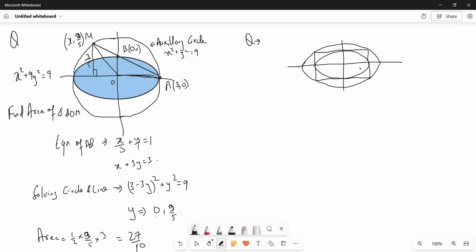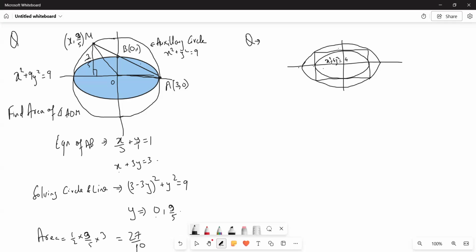Okay. We have a smaller ellipse. The equation of the smaller ellipse is x square plus 4y square is equal to 4. That is the equation of the smaller ellipse.